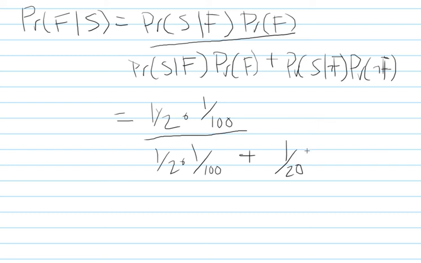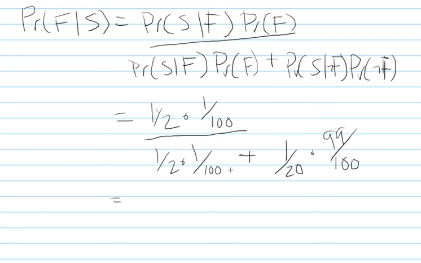So the question gives us that. And then since the question tells us that the probability of F is 1/100, we know that the probability of not F is 99/100. Okay, and now the rest is simple math.